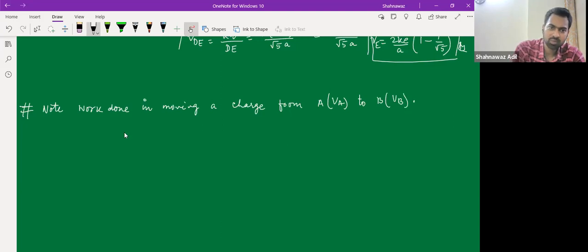So work done would be simply a charge Q times VA minus VB. Let us also write this in the subscript notation, so VAB. Just remember this.